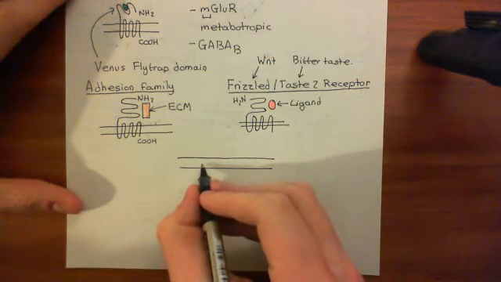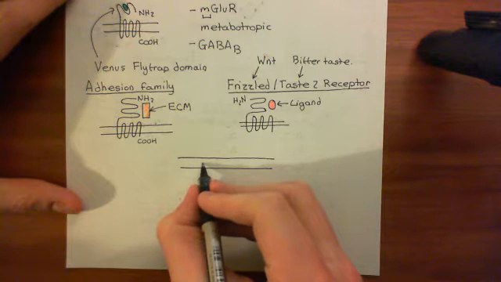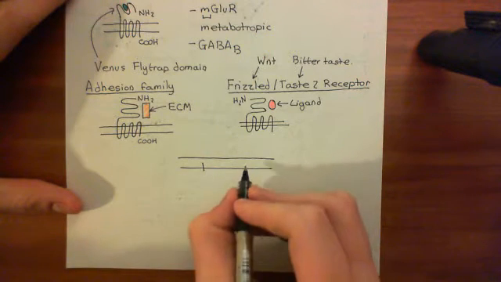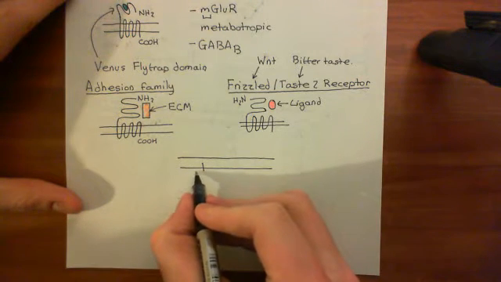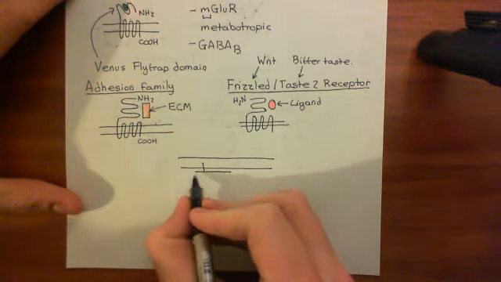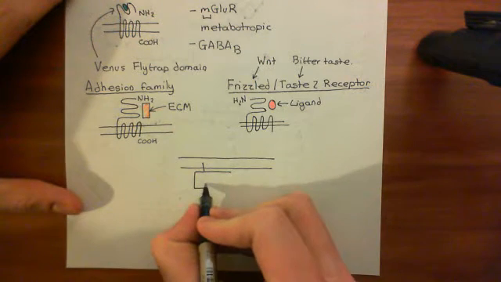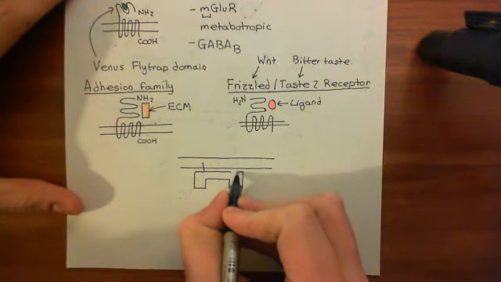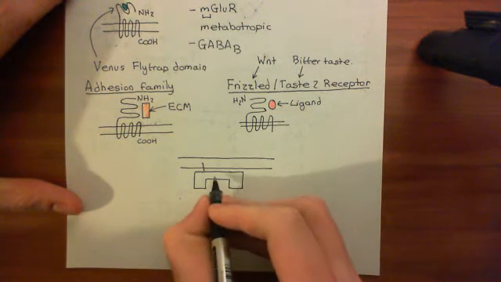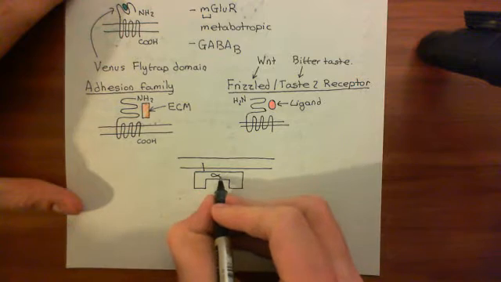And basically, attached to the membrane, but not implanted into it, so these are not integral membrane proteins, but they are attached to the plasma membrane, and I'll show you exactly how, you have heterotrimeric G proteins. So we'll start with the main member of the heterotrimeric G protein, which is the alpha subunit.